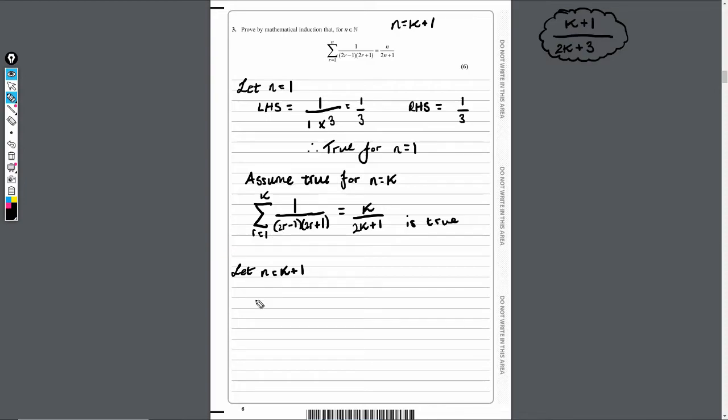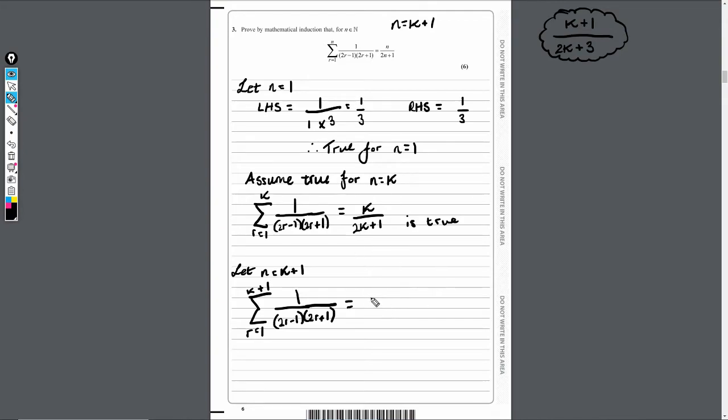Let's rewrite the summation, going from r is 1 up to k plus 1. Remember for a series, if I want the k plus 1 term, that would be the kth term plus the next one coming up, the next term in the sequence after the k.